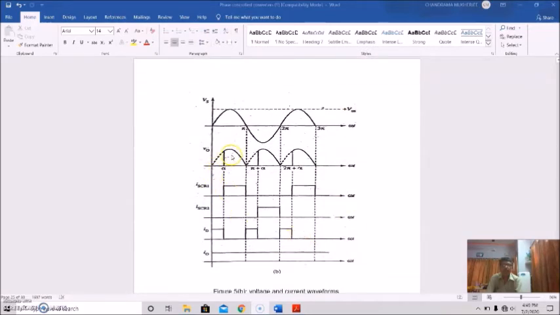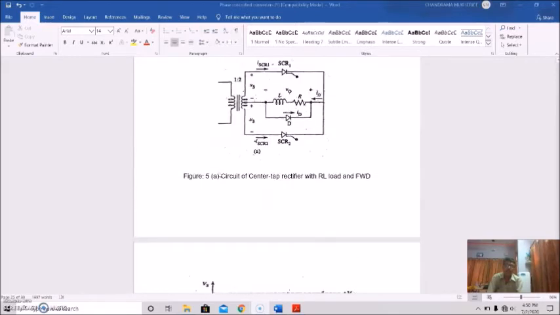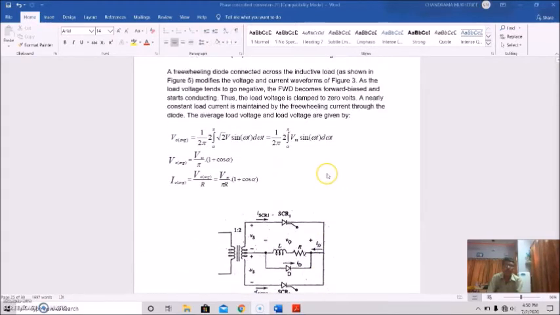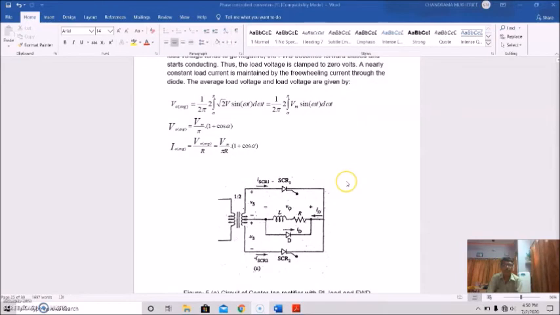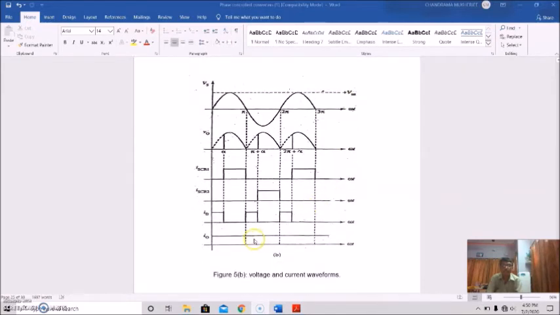See? Actually, this portion, due to the presence of the freewheeling diode, the output voltage is clamped to 0. Okay, that's what I told you. The load voltage is clamped to 0 volts, so nearly constant current is maintained as a result. See the output current. This is nearly constant.